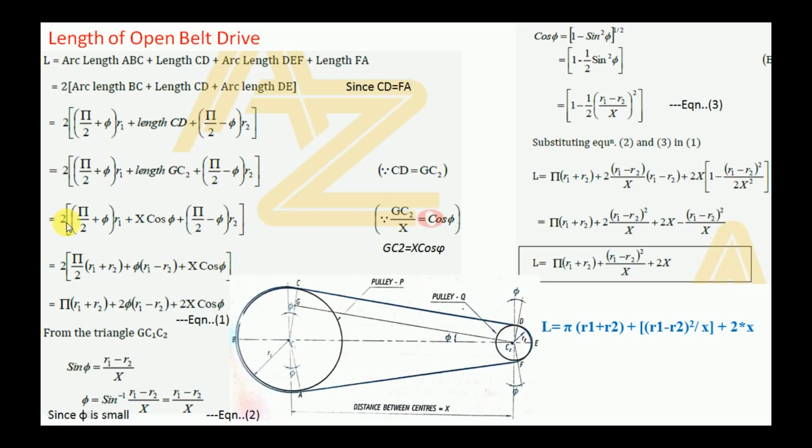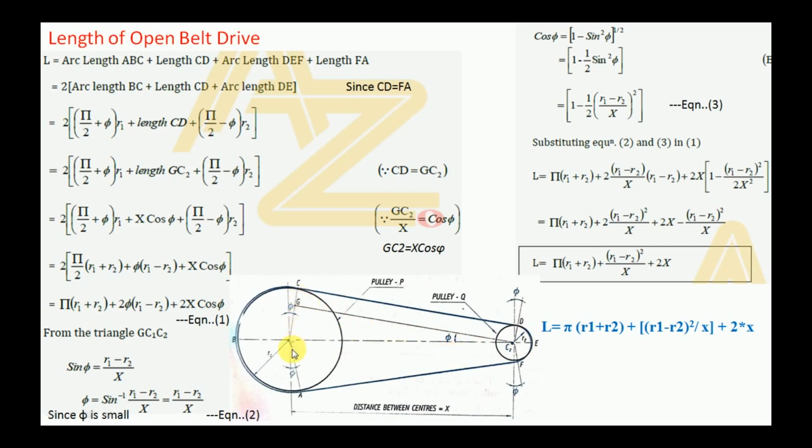Continuing again, twice the first term remains the same, pi by 2 plus phi times R1, plus the second term, which we will reconsider. In this, we take the triangle GC1C2. The angle is again considered, 90 and phi, taking the opposite angles, so this angle becomes phi.